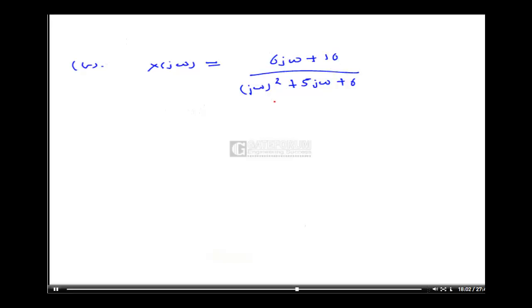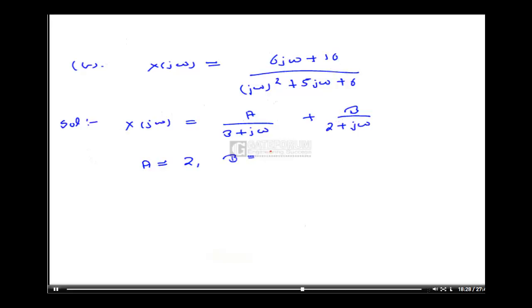After doing partial fractions, we will get X(j omega) equal to a upon (3 plus j omega) plus b upon (2 plus j omega). Finding a and b, I will get a equal to 2, b equal to 4.